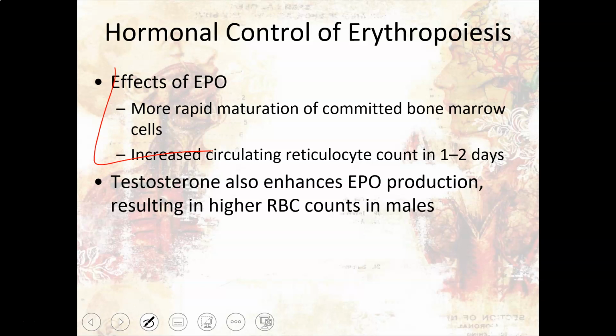Other things that enhance erythropoietin, testosterone. We go back and we look at hematocrit, right? The hematocrit for males is a little higher than it is for females because of testosterone. And this is another way that Lance Armstrong was cheating, injecting himself with testosterone, which also increased the amount of erythropoietin in his blood.